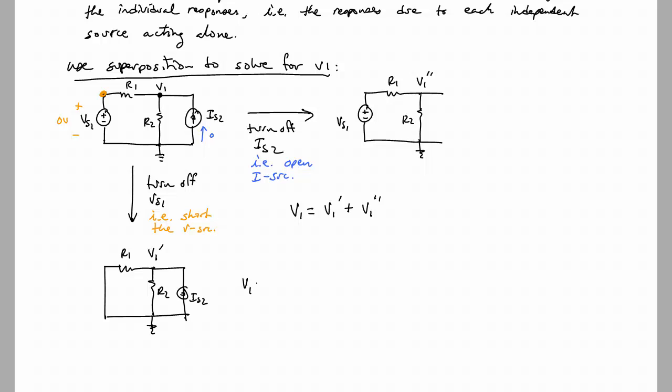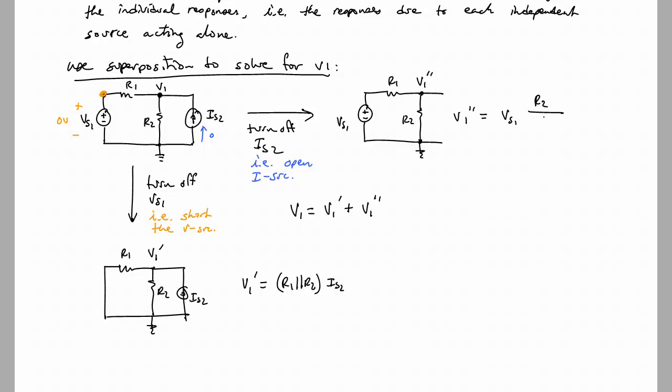First, V1 prime is just equal to, if you look at those two resistors, they are in parallel. So it's just I times R. And V1 double prime is now just the voltage due to voltage division of VS1 across R1 and R2.